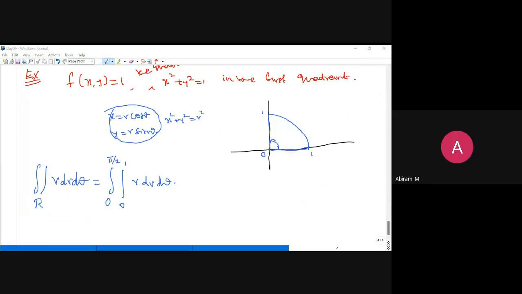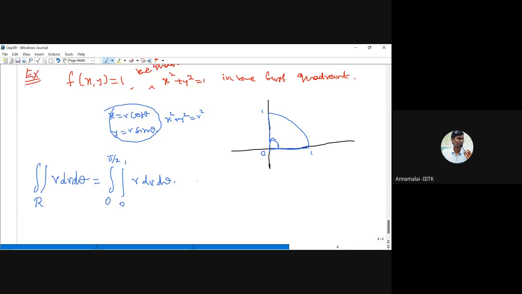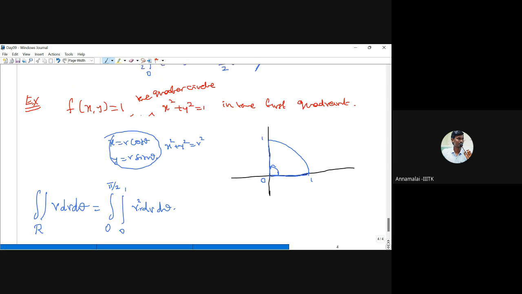Okay. Sir, whether the answer is pi by 4? No, the answer is actually pi by 8. So actually what is given is r square into r dr d theta. Actually, the function itself is x square plus y square. So it's not x plus y. The function itself, because 1 is nothing but x square plus y square. So if it is 1, anyway it's 1, but 1 can be written as x square plus y square.